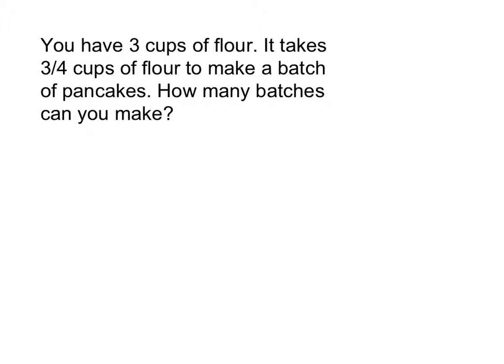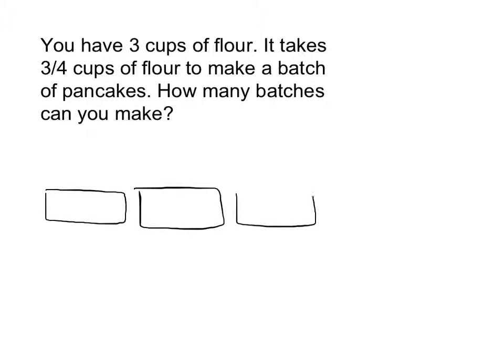So first let's draw a picture. Imagine these are the cups of flour. They don't look much like cups of flour, but we'll just imagine it is. And we'll visually divide them into quarters, so it's easier to think about. Okay, so now it takes 3/4 cups of flour to make a batch.